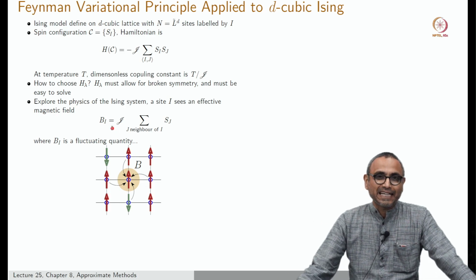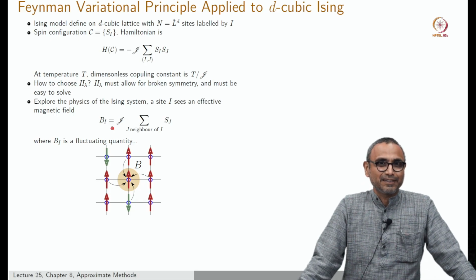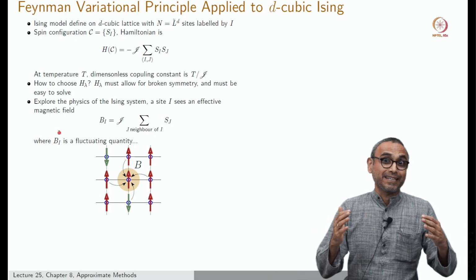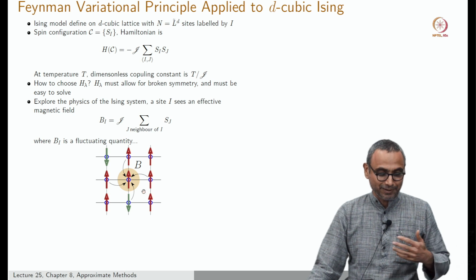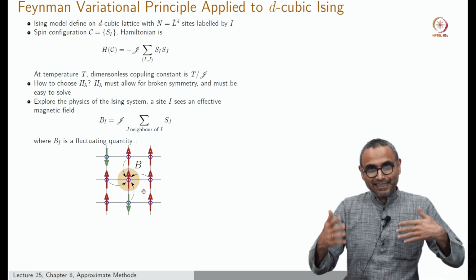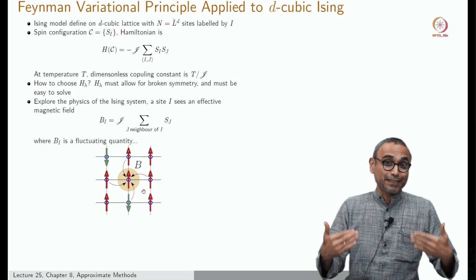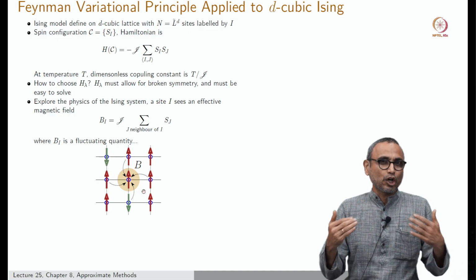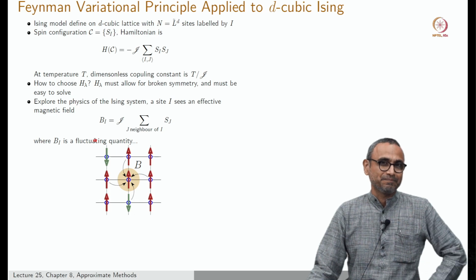That is well and good, but it's not very useful directly, because this B_i is a fluctuating quantity. Because these other spins are fluctuating, as you can see, I have drawn some random spin configuration here, and in a thermal state it will be fluctuating. So it is not clear that this identification is useful.